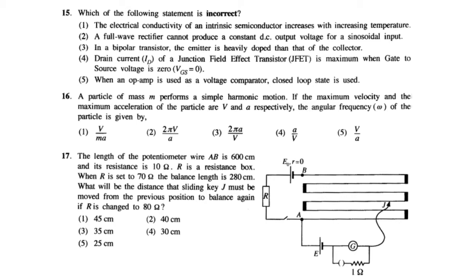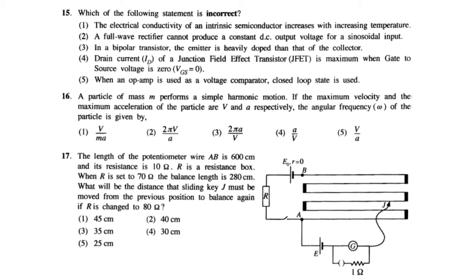4. Drain current of a junction field effect transistor is maximum when gate to source voltage is 0. That is, ID is maximum when VGS is 0. In this case, there is no voltage between the gate and source terminals, that is VGS is 0. Then the drain current will flow from the drain terminal to the source terminal.